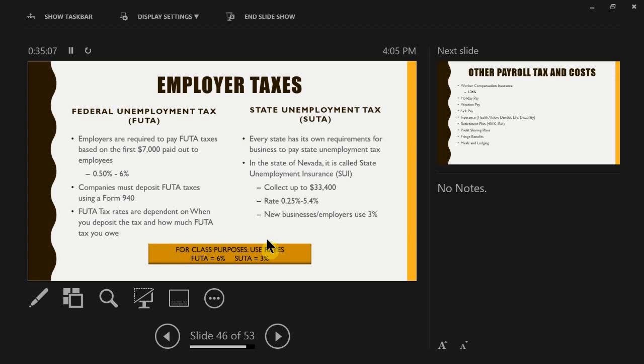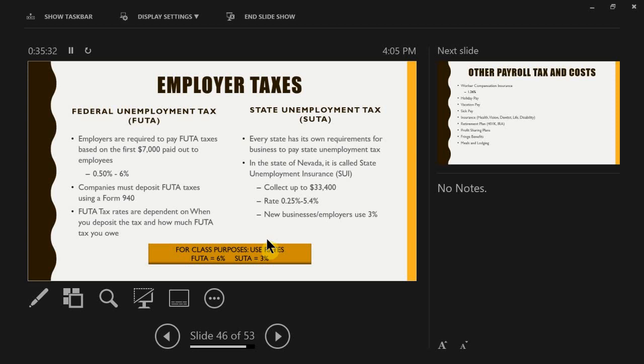Okay? So with that being said, depending on the size of the company and how much money you owe is going to determine what kind of percentage value you are at. So for this class and this class only, I'm only going to have you remember 6, okay? Because once again, it depends on the size of your company and how many employees you have and how often you need to pay.